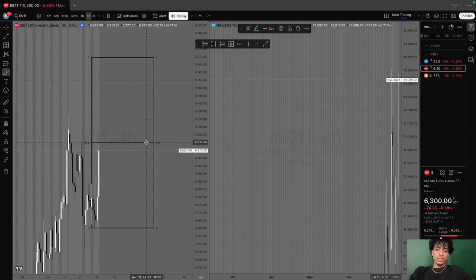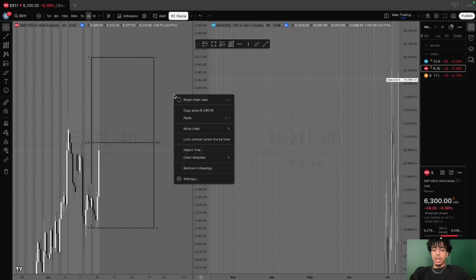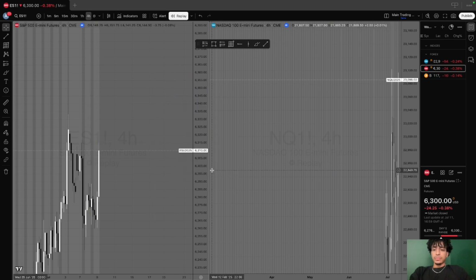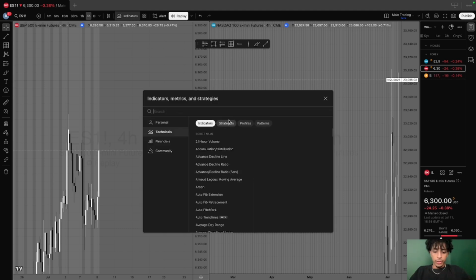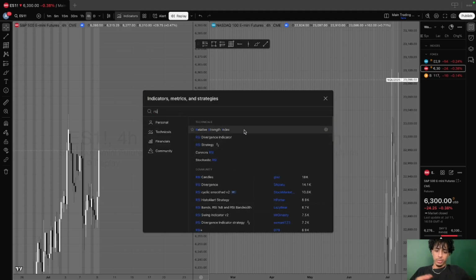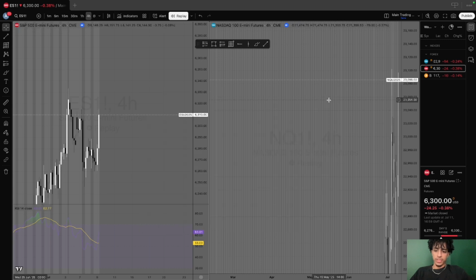And another thing about that is I do not trade with indicators, just letting y'all know. But there's something that explains what that is, and it's called RSI. It's really the most famous indicator. I don't trade with indicators, right?